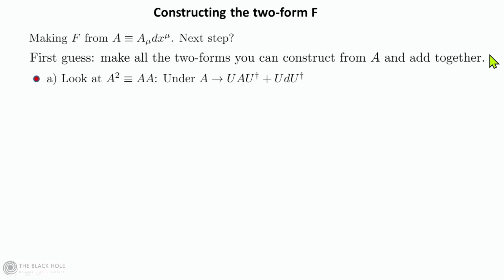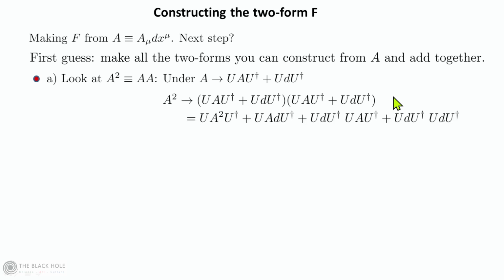Well, let's first look at A into A. All right, then when A becomes this, then this is a no-brainer. A squared becomes A into A. I've transformed both of them equally. Okay, so now let's start multiplying them together.